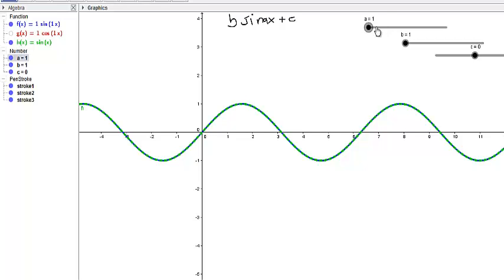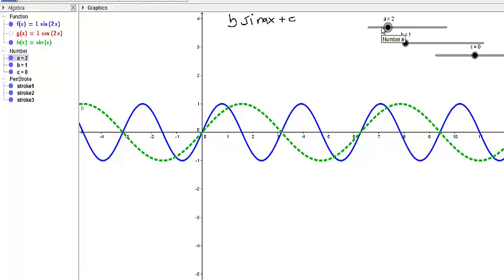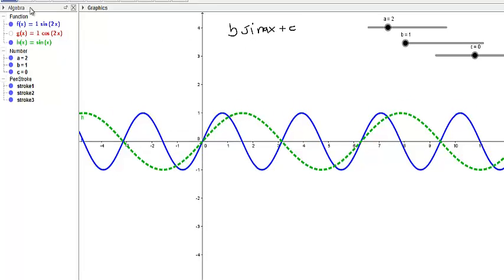When I increase the a value, the period is going to change, because when a is equal to 2, the period becomes T is equal to 2 pi over 2, which is equal to pi.